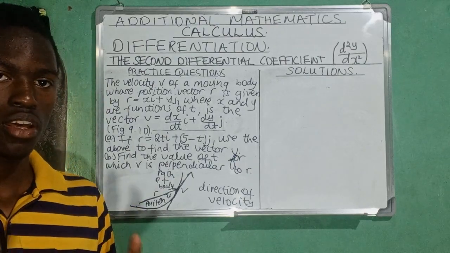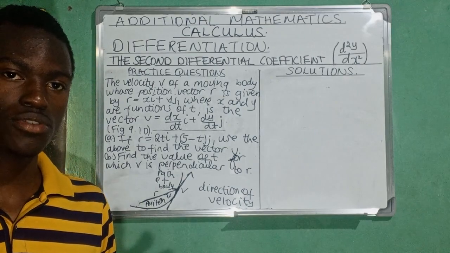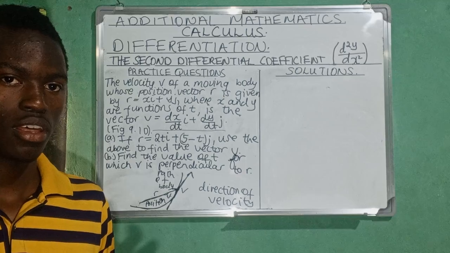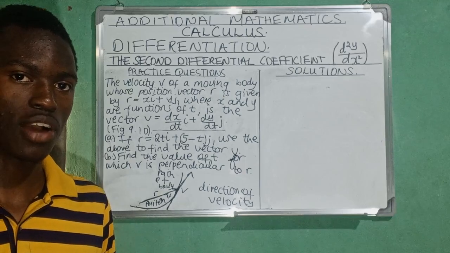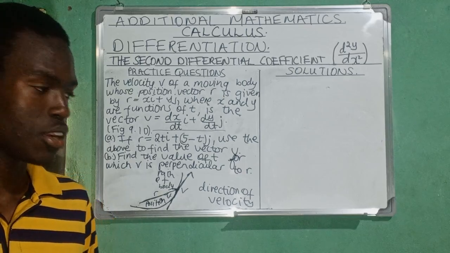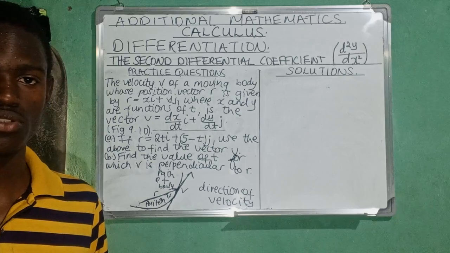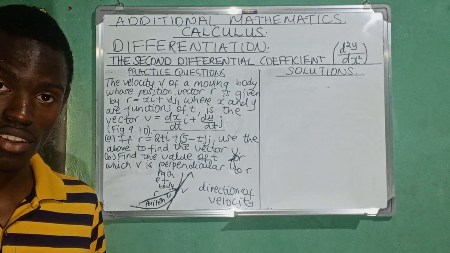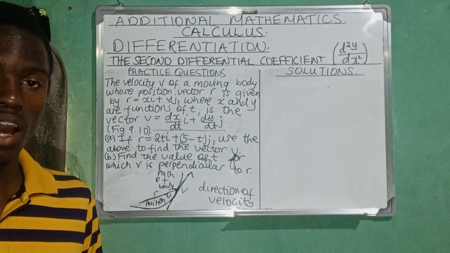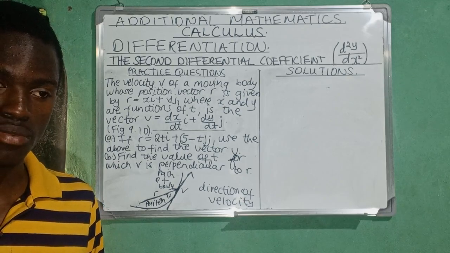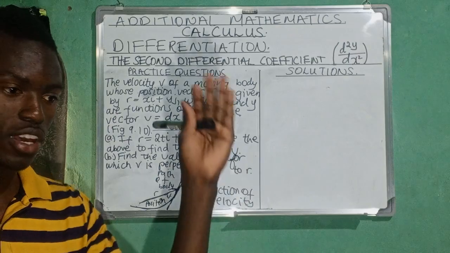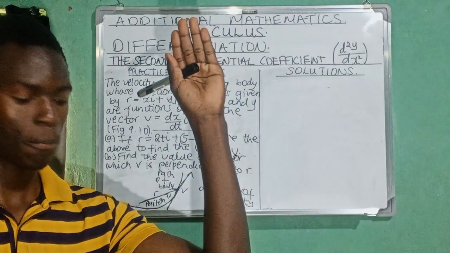Why? Because vectors use the cosine. The trig ratio that is used is cosine. And cos 90 represents vectors being perpendicular.